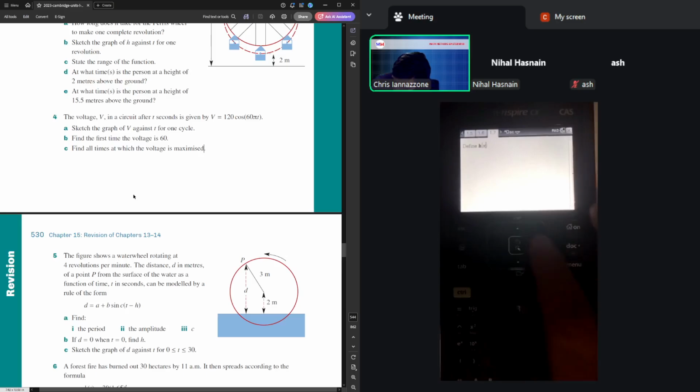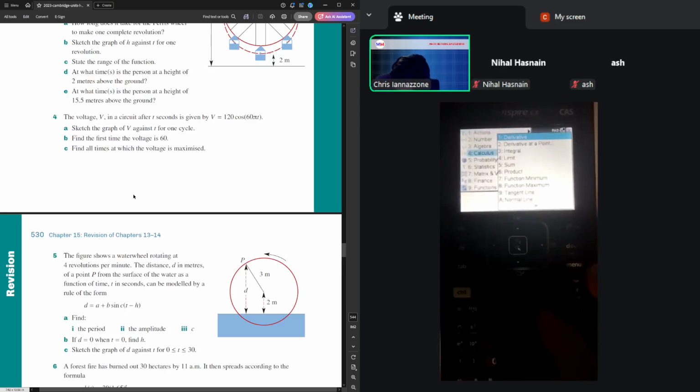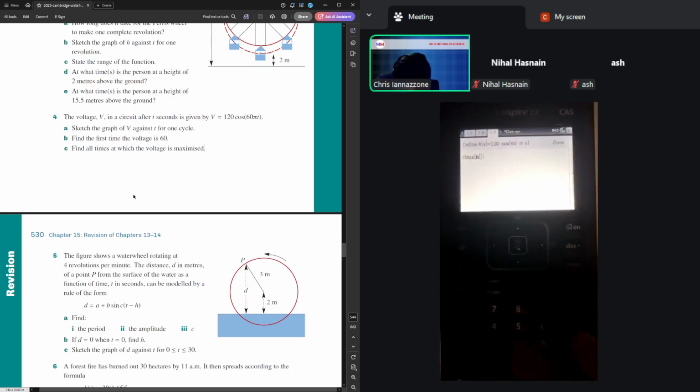Define the function first. 120 cos(60 pi x). fMax of the function, comma x. Yeah, it actually does. n over 30.